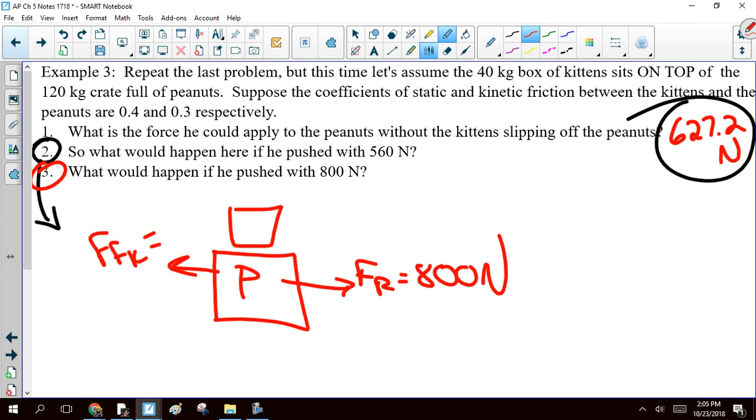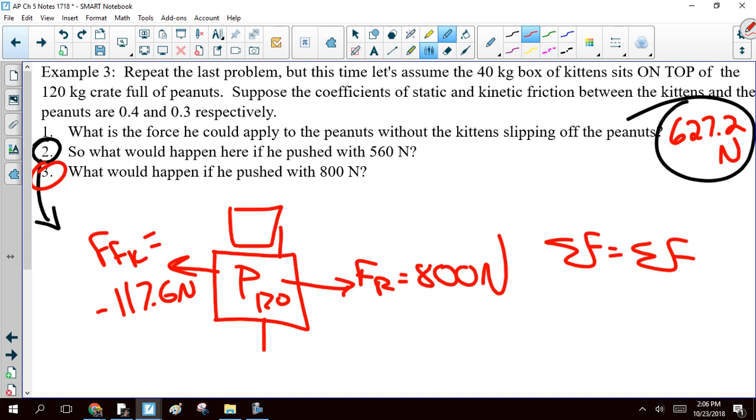And its kinetic friction, which we had figured out before, was negative 117.6. Right? And so now the idea is, we know our mass was 120. You're going to have your gravity and your normal force. Those all cancel. So you do net force equals net force, where your net force is this minus that, divided by your mass of 120 kilograms. And you find that the acceleration of the peanuts is 5.69 meters per second squared.